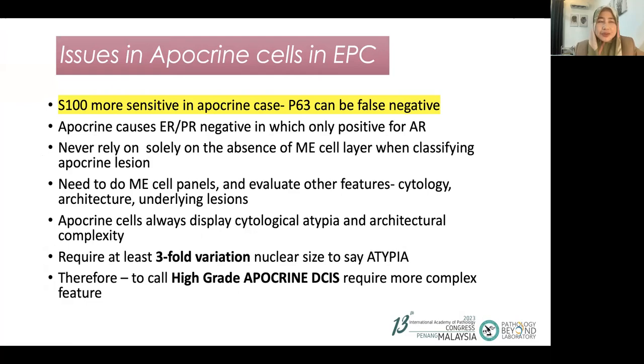We need to do myoepithelial cell panels and evaluate other features: cytology, architecture, and also the underlying lesions. Apocrine cells always display cytological atypia and architectural complexity. Therefore, they require at least 3-4 variation in nucleoli size to call atypia, and to call high-grade apocrine DCIS requires more complex features.